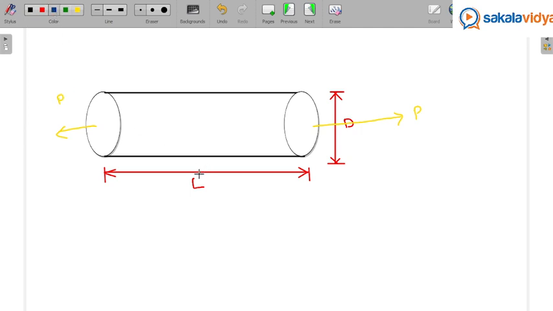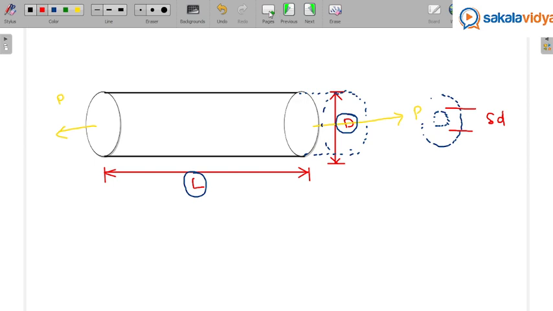Here L is the length of this rod and D is the diameter of the circular rod. When you apply a tensile load, there will be extension in this circular rod, whereas if you observe this image clearly, the diameter will be decreasing, that is nothing but delta D.